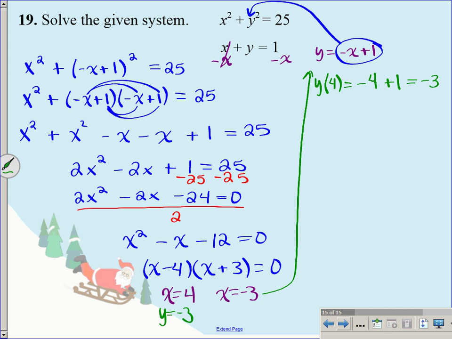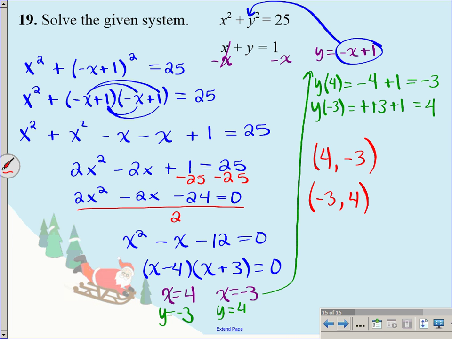When x is negative 3, negative x, negative negative 3 plus 1, well, negative turns to plus. 3 plus 1 is 4. So when x is negative 3, y was 4. So that means our two solutions here are the coordinates 4, negative 3, and negative 3, 4.